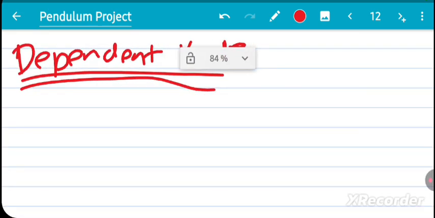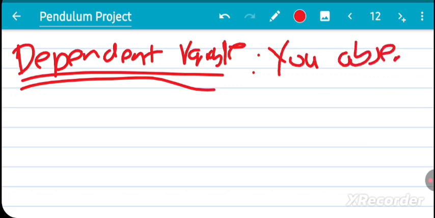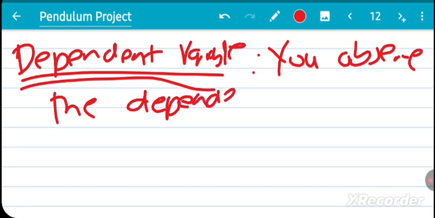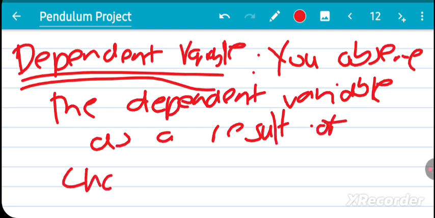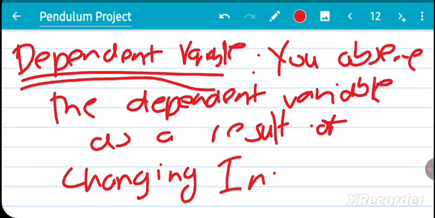So you observe the dependent variable as a result of changing the independent variable.